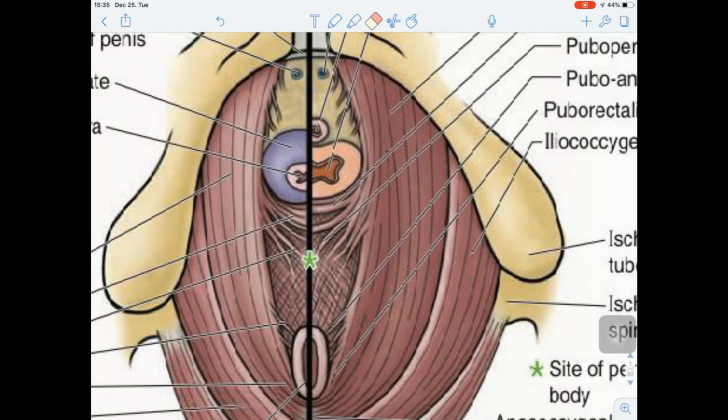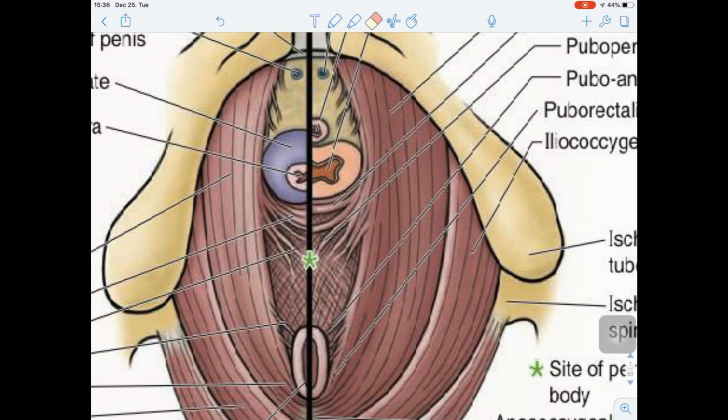The thing is that from pubococcygeus muscle, the second one, which I mentioned, so the first one was puborectalis. At the very originating point, they are kind of the same, because all of them are sticking to each other.